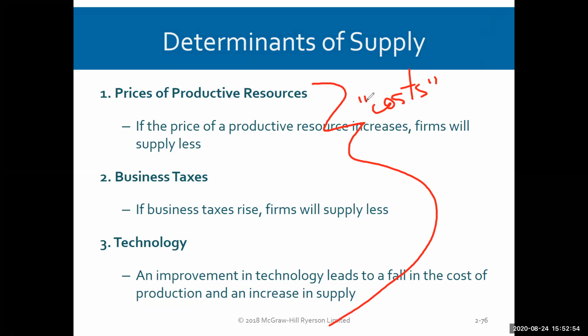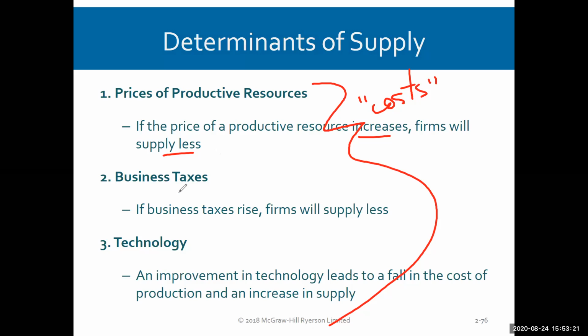If the price of productive resources increases, firms will supply less. So the supply curve will shift to the left. If the price of productive resources decreases, for example, I'm a winemaker, and the price of grapes falls, then I can supply more wine. So the supply curve will shift to the right, or increase.